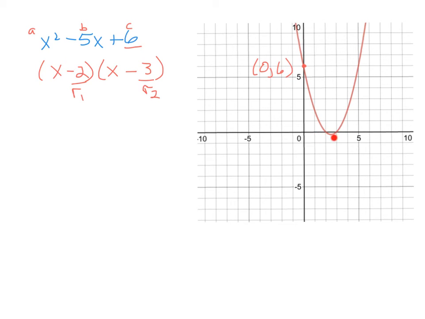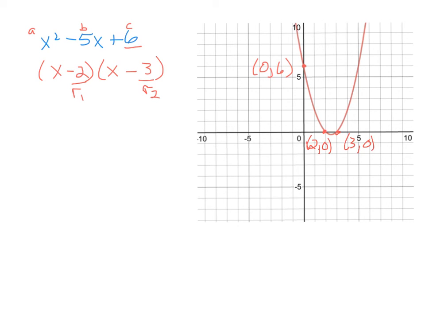So those have to be my x-intercepts. At any x-intercept, y is 0. And so I can write these points out really quickly: this one is going to be (2, 0), and then this one right here is going to be (3, 0).